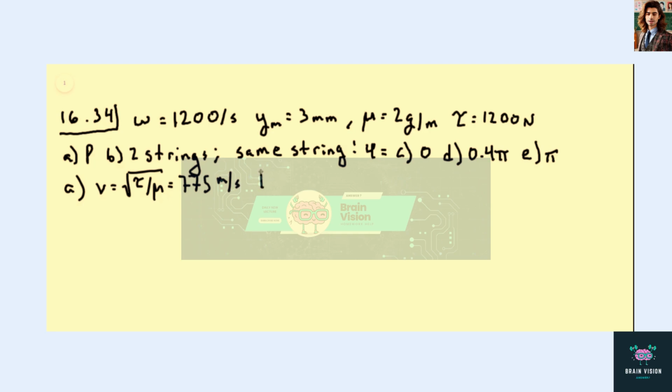Because that saves us the bother of having to do some sort of algebraic substitution in our expression for the average power, which is 1/2 times the density times the wave speed times the angular frequency squared times the amplitude squared.